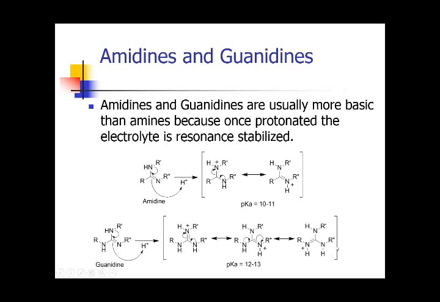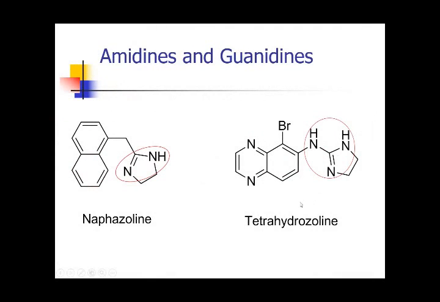These have a pKa of 12 to 13. Again, very high. So remember, 50-50. Say this has a pKa of 12. At pH 12, it's 50-50. At pH 11, it's a lower pH value, more H plus around, so more and more will exist in this protonated form. So here are two common drugs that contain both. This one here, we've got an amidine, and the other one is the guanidine moiety.